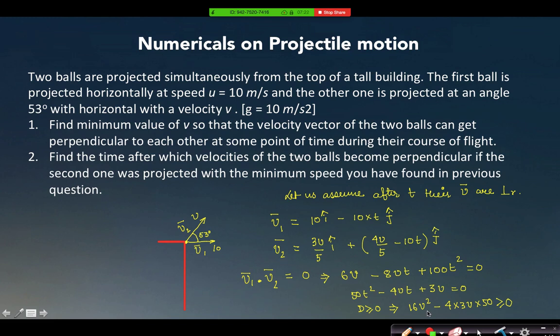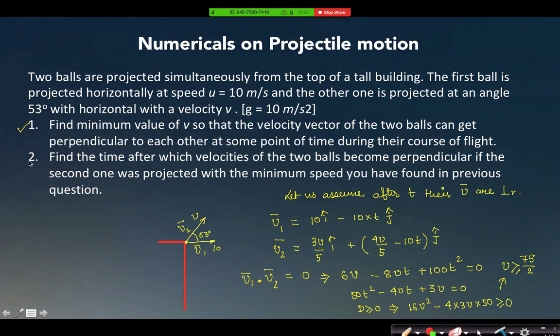If you simplify it, you will find v should be greater than or equal to 75 by 2, or 37.5 meter per second. That should be the answer of this question. Only in this case can they be perpendicular to each other.